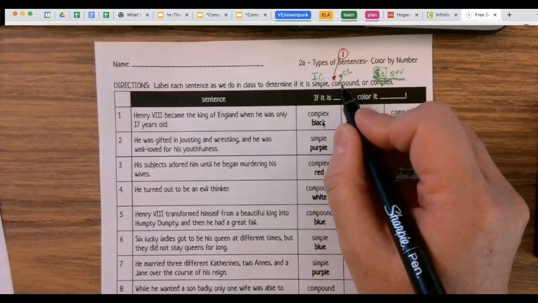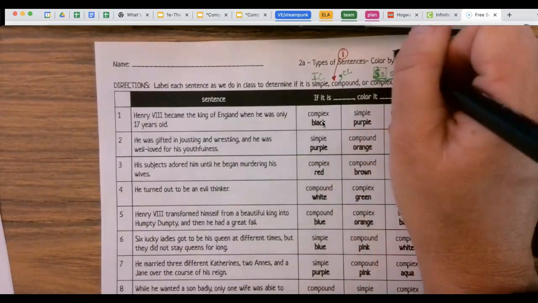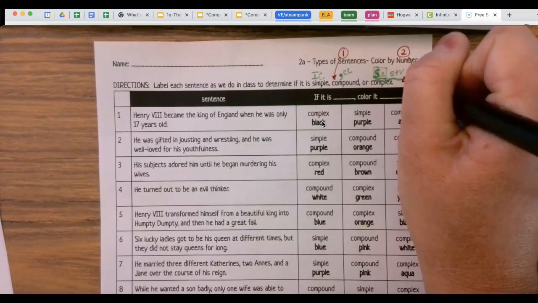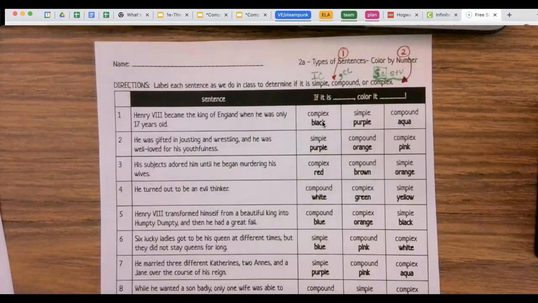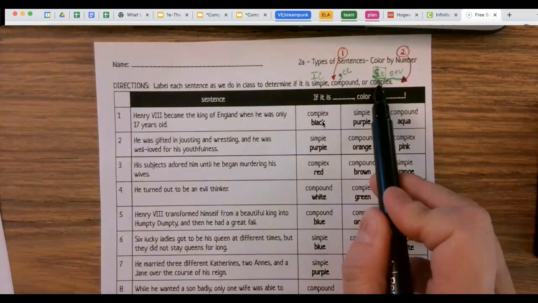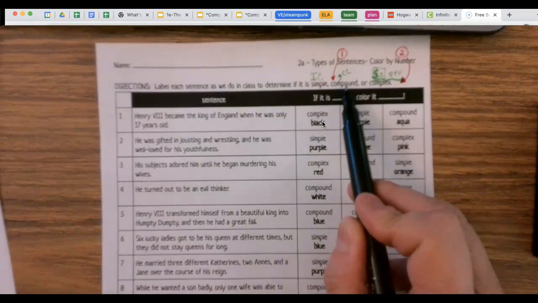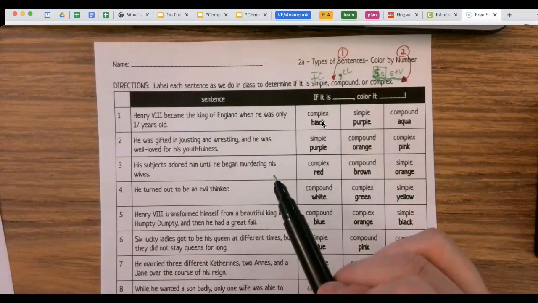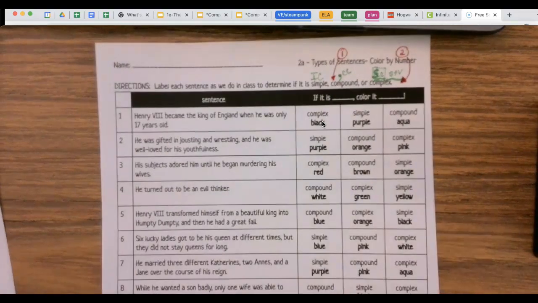If I decide that it's not compound, the second type I would look for is to see if it's complex. Again, we have a bank of words that we can use to decide if it has a subordinating conjunction or not. And then if it's not compound or complex, then I've eliminated them and I know it's simple. So I like to do process of elimination. We're going to do a couple together to model this for you, and then you're going to finish it.